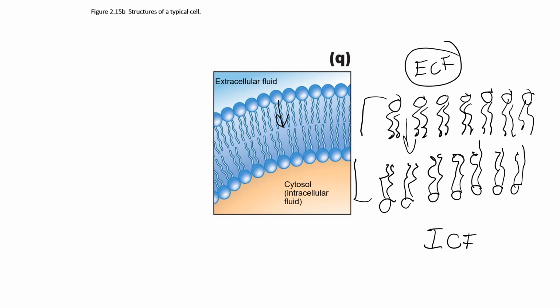And then the inner layer, which is closer to the intracellular fluid, is organized so that the phosphate heads face the intracellular fluid or the cytosol, and the lipid tails project outwards towards the outside of the cell or the extracellular fluid. Now, why would we want this organization?